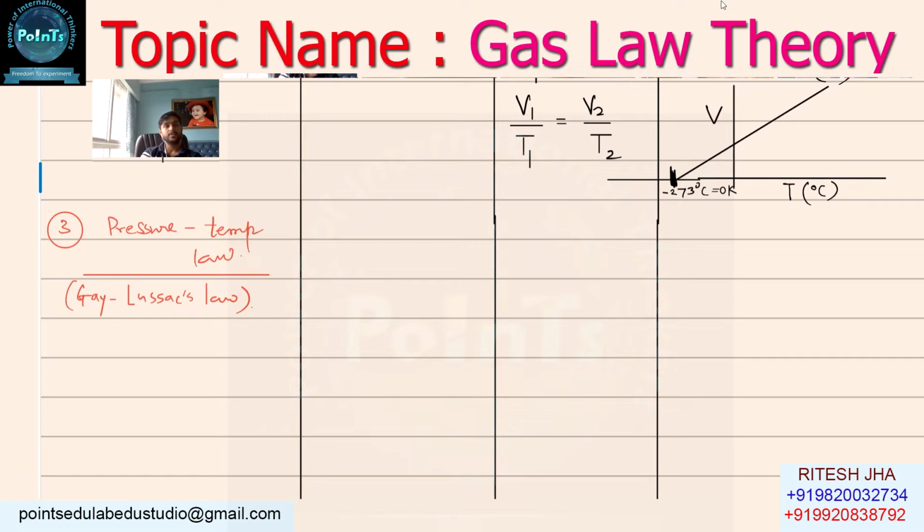So what does it say? That pressure is proportional to temperature, given that volume and number of moles are constant. So you can say P is equal to some constant times temperature, so P over T is a constant.